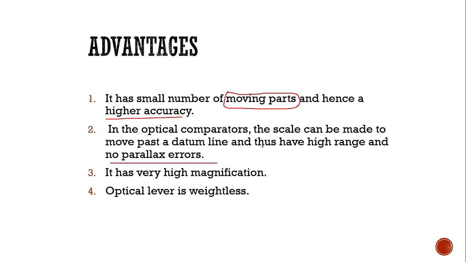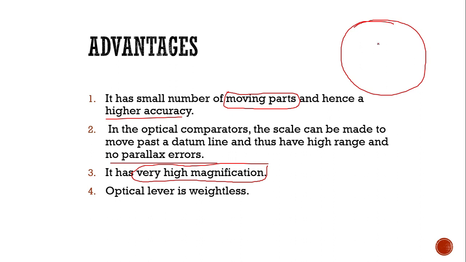See, as the magnification is very high, and directly with the image form, directly on a very large screen, we will be able to see, if this is a datum line, it is 0. If the angle is varied, this datum line may move here. So easily this distance can be tracked.